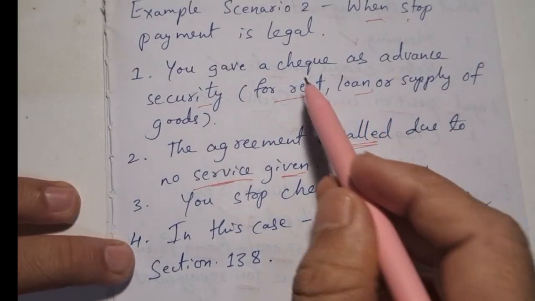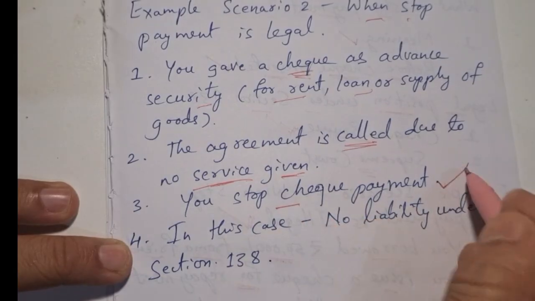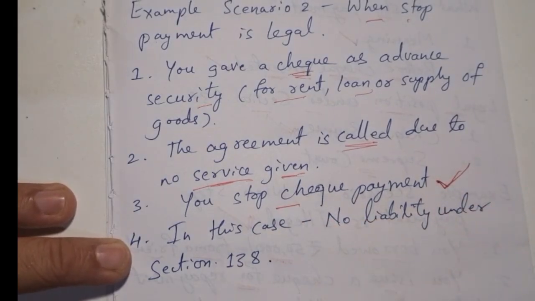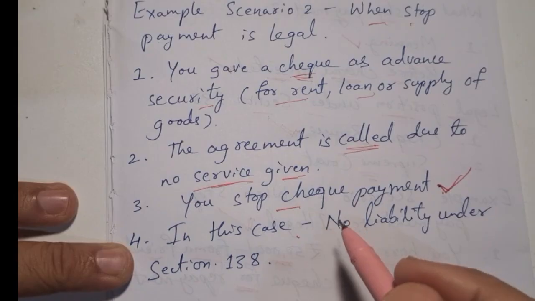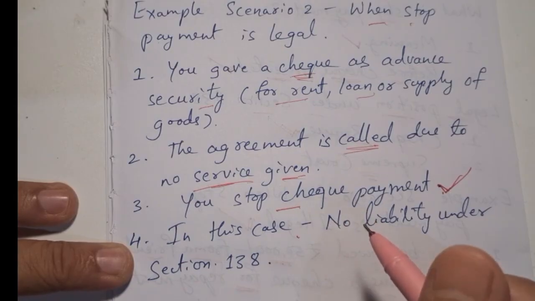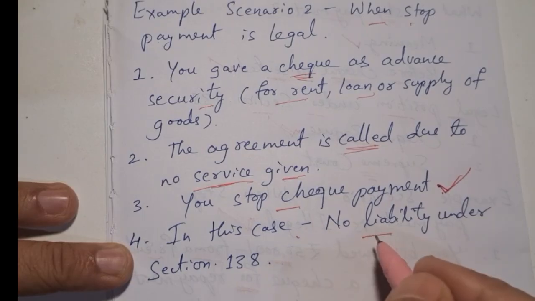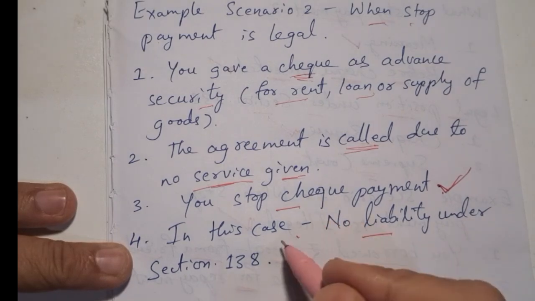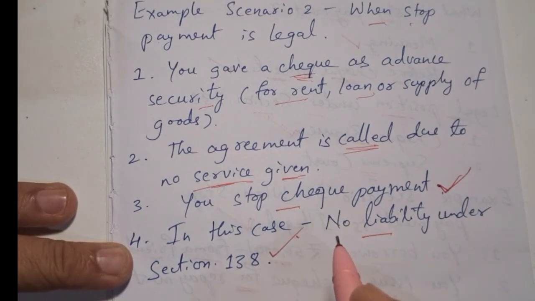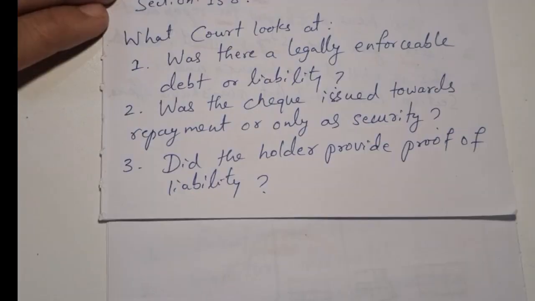You had already given a check as advance security. Later you go to your bank and instruct your bank to stop the payment. So the check is stopped, and if they go to court to argue that you have committed an offense, there is no liability under Section 138, because there is no legally enforceable debt as per Section 138 for the check which you gave as advance security.